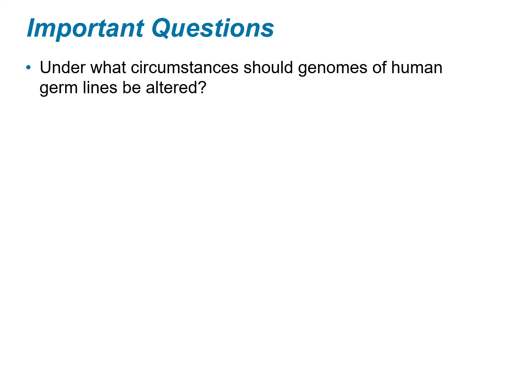Should we scientists be playing around with natural selection? Would alterations lead to deliberate efforts to control the genetic makeup of human populations? Right, so this is that area called eugenics, right? So if you're producing certain traits within human populations on purpose.